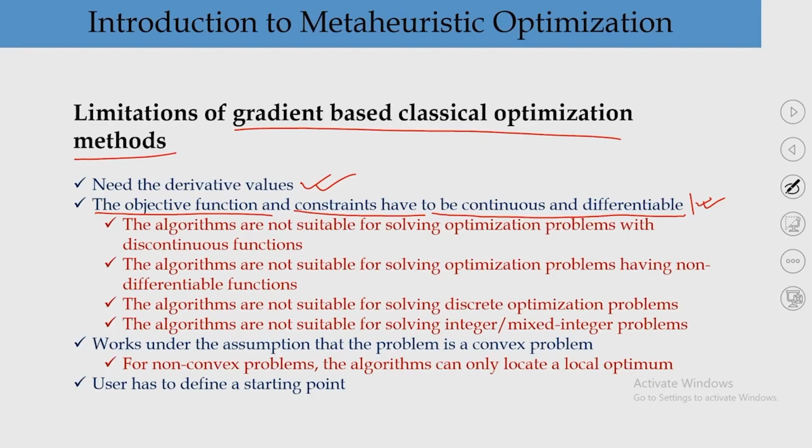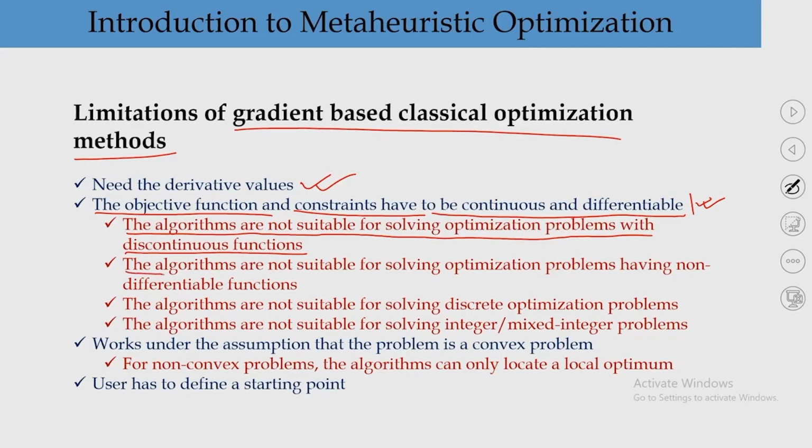Then what are the limitations? The algorithms are not suitable for solving optimization problems with discontinuous functions. If your function is discontinuous, not a continuous function, you will not be able to apply these algorithms. This is one limitation.